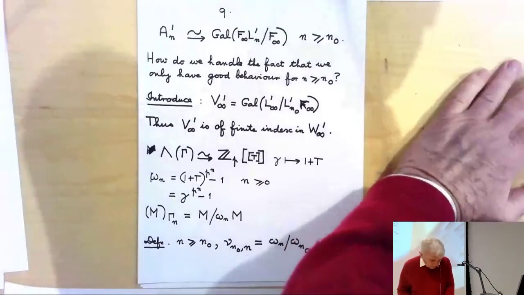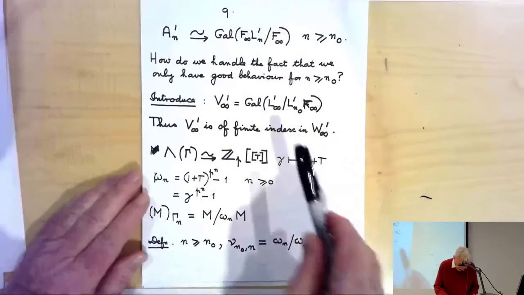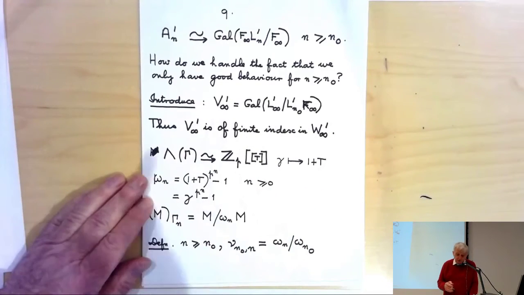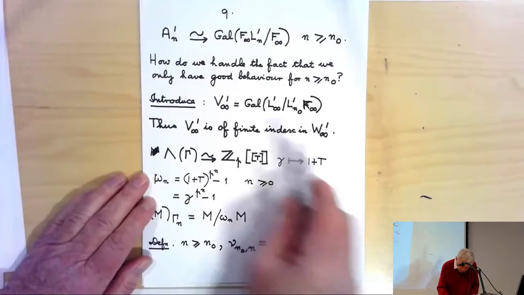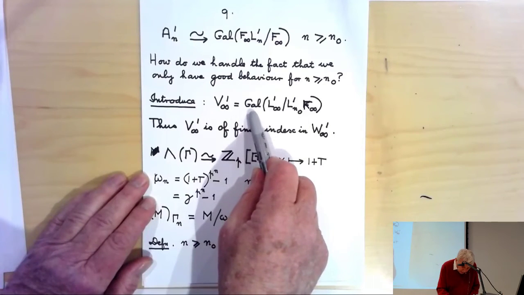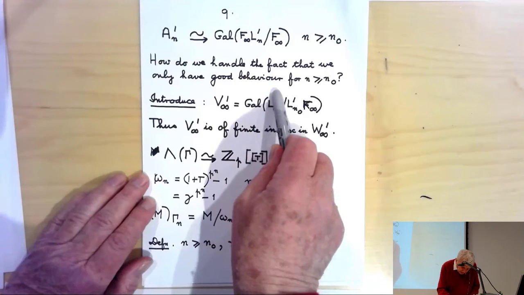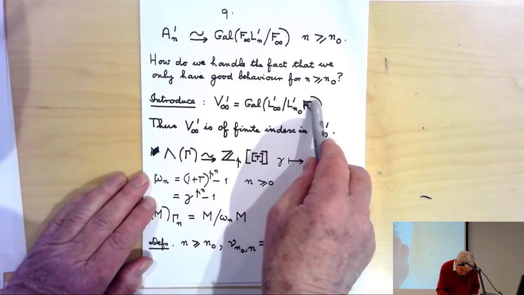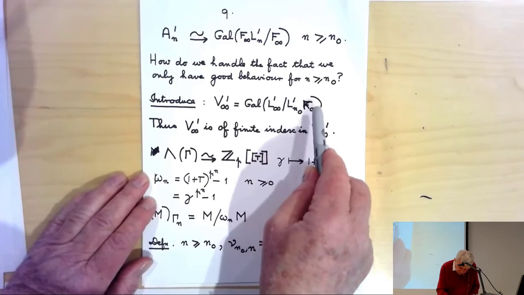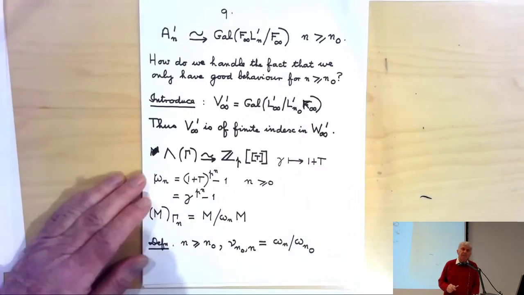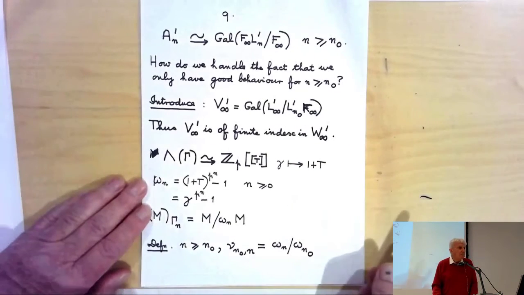So I'm going to define V infinity prime. I'm sorry, I'm just running out of letters to call these things, but it will be the Galois group of L infinity prime over F infinity, but I translate F, I take the compositum of F infinity and L_n naught prime.